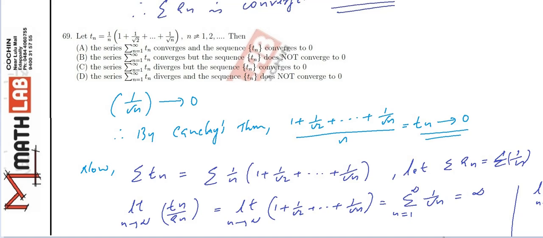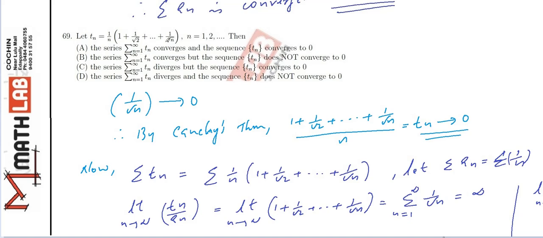Okay, so the question is about the sequence Tn as well as the series Tn. First let's go for the sequence. We know that 1 plus 1 by root 2 plus etc. plus 1 by root n seems to be a partial sum, right?